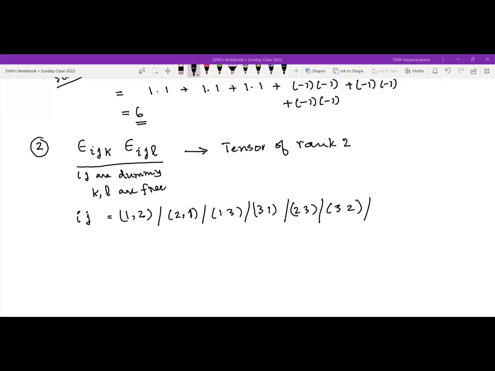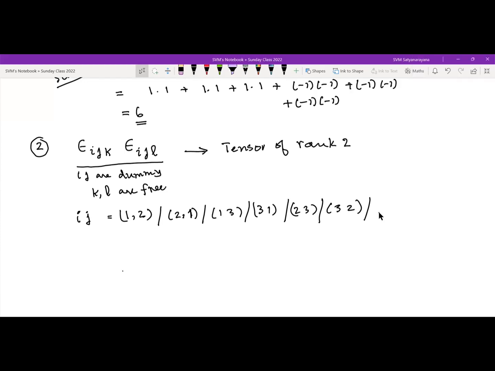You can actually stop the video for some time. Okay, so you are able to see these notes, right?